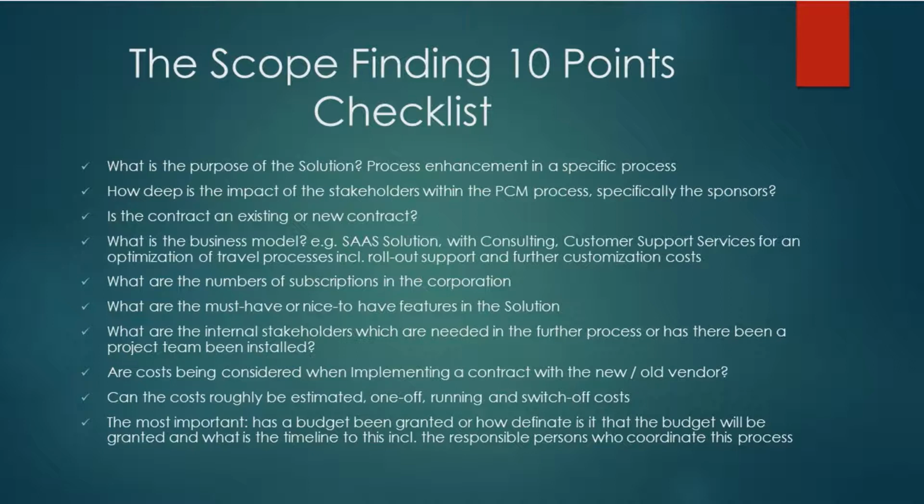Next, we're going to look at what the business model is. Here I'm going to take an SIS solution, which is a travel management process optimization tool, which looks at, for example, the costs of consulting, customer support, optimization of rollout support, and further customization costs.